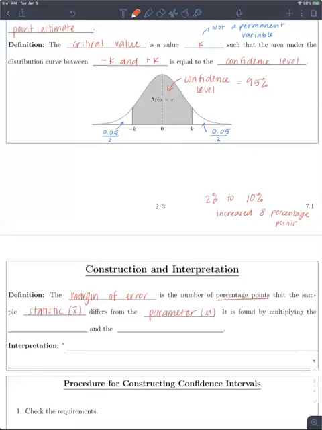To find the margin of error, you're going to take your critical value and multiply it by the standard error. All these notes are just definitions, so don't worry about what these values should equal right now. That way, when we start actually constructing confidence intervals, you kind of know what all of these words mean already.